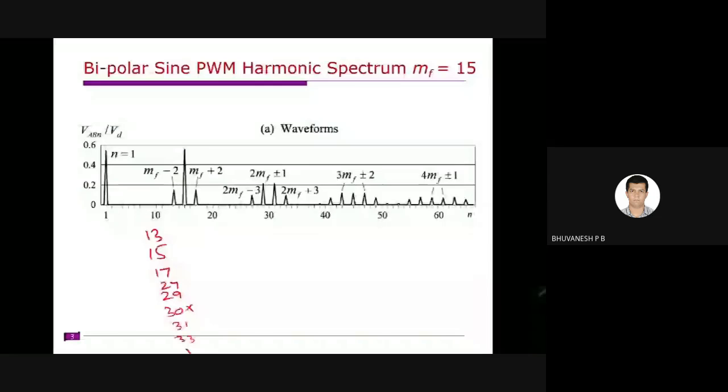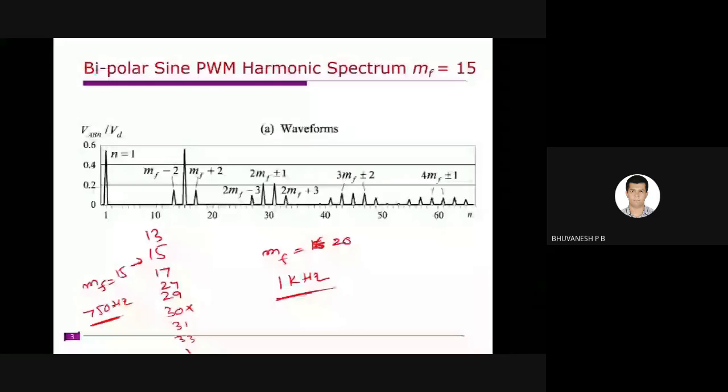If you select MF equal to 15, that is a 750 Hz carrier. Someone may select MF equal to 20, that is a 1 kHz carrier, because it is easy to pronounce rather than 750 Hz, a round figure.